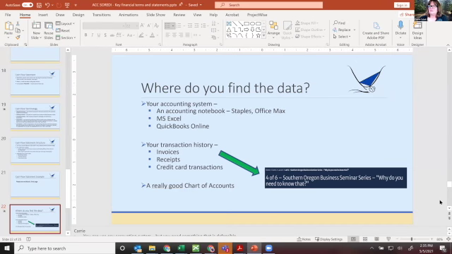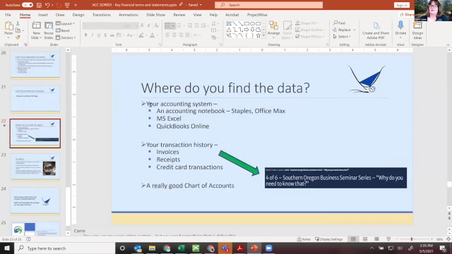So just in summarizing as we close in here, I talked a little bit ago about an accounting system, and I really want to point you to getting a tool. If you don't have something you like, there are a lot of different solutions.